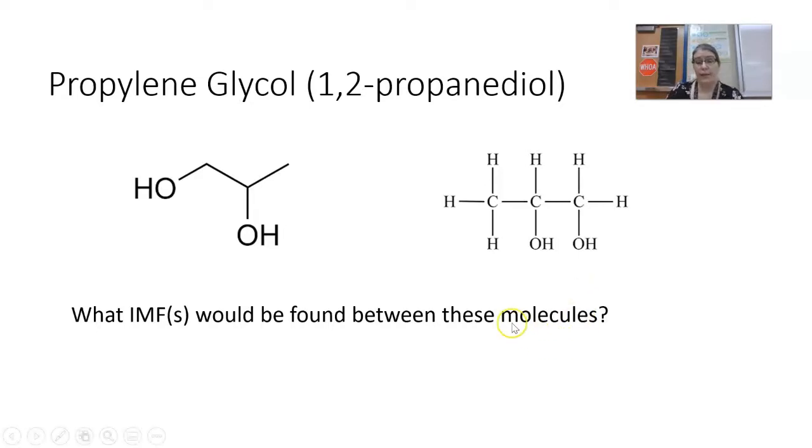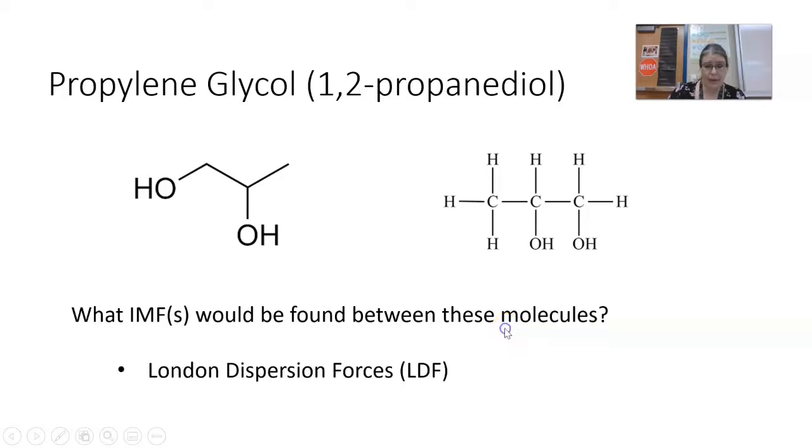Well, of course, every molecule everywhere has a London dispersion force because it has a polarizable electron cloud and can have an induced dipole-dipole force. But the other thing I see here is the OH, the alcohol group.